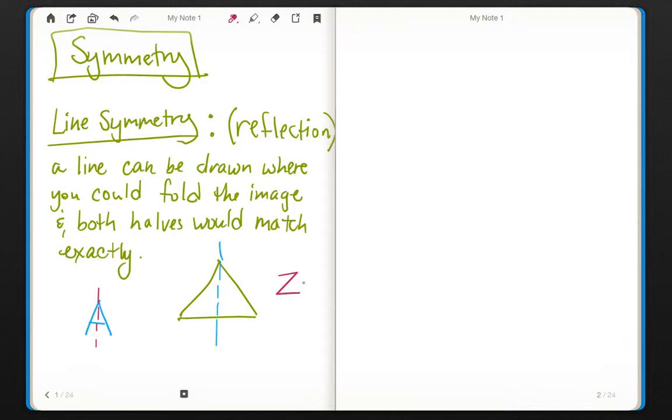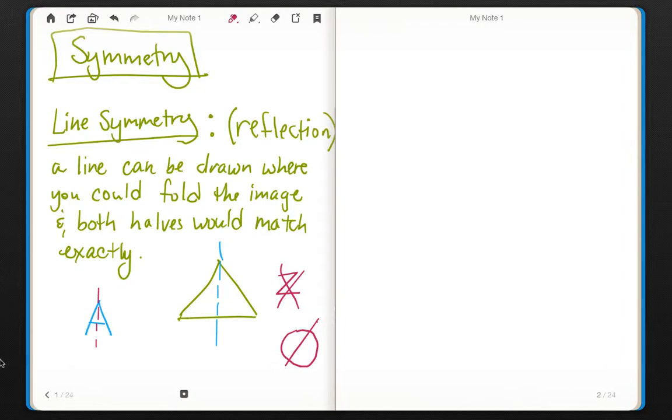No. Right here? No. That way? No. So that one does not have line symmetry. How about just a circle? Does it have line symmetry? Yeah, you could draw the line there, you could draw it here, you could draw it anywhere you wanted to, and that would be line symmetry. Okay, so I think you get the idea.